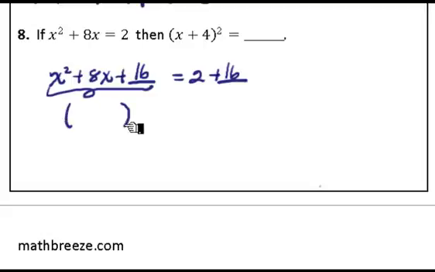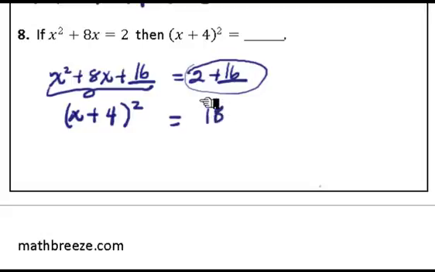All right, if we factor it, it factors as x over here, square root of 16, 4 over here, and because of this plus, we have a plus sign in the middle. So we see that x plus 4 squared is equal to 18. And that is it. That's the answer, 18. We can fill it in right here. Okay, so we get this simply by completing the square.